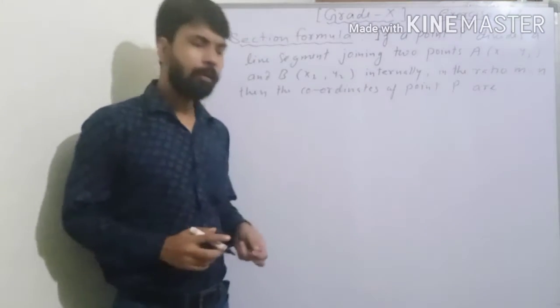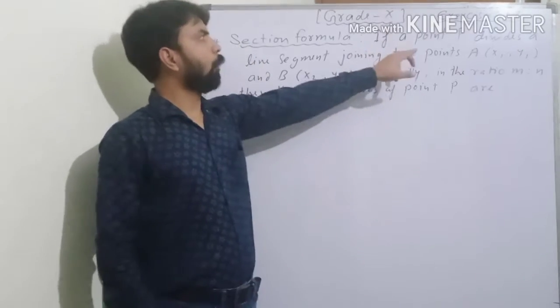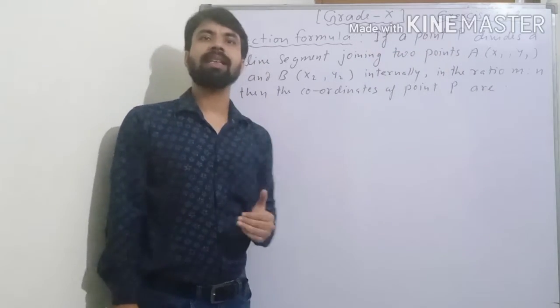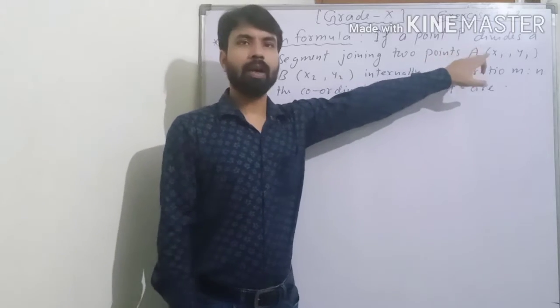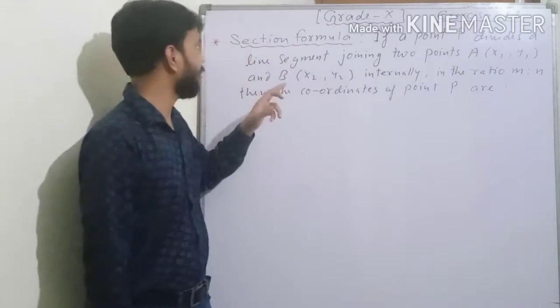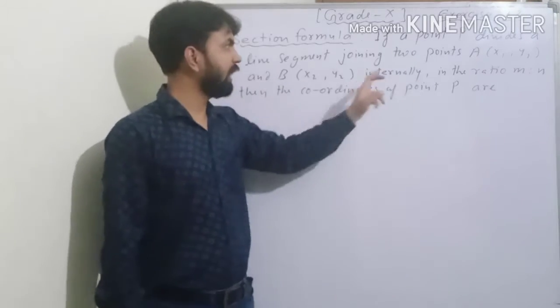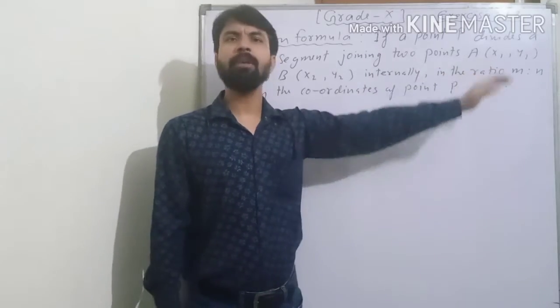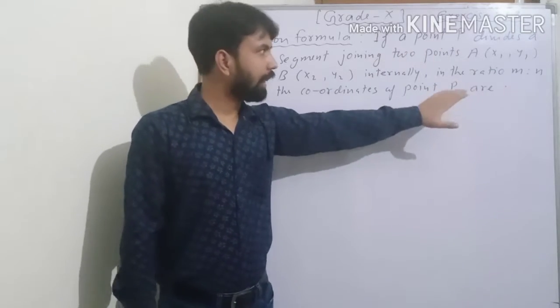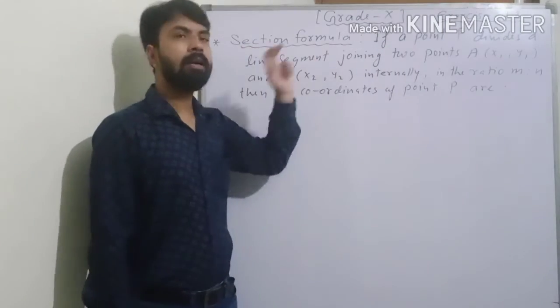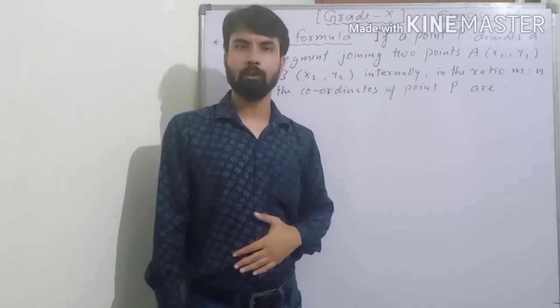What is section formula? If a point P divides a line segment joining two different points, A, coordinates x1, y1, and second point is B, x2, y2, internally in the ratio m is to n, then the coordinates of point P we can find out by this formula. This is known as section formula.